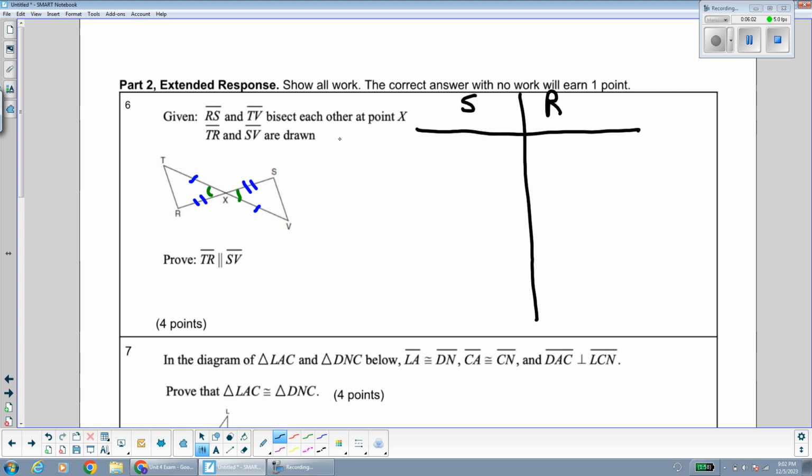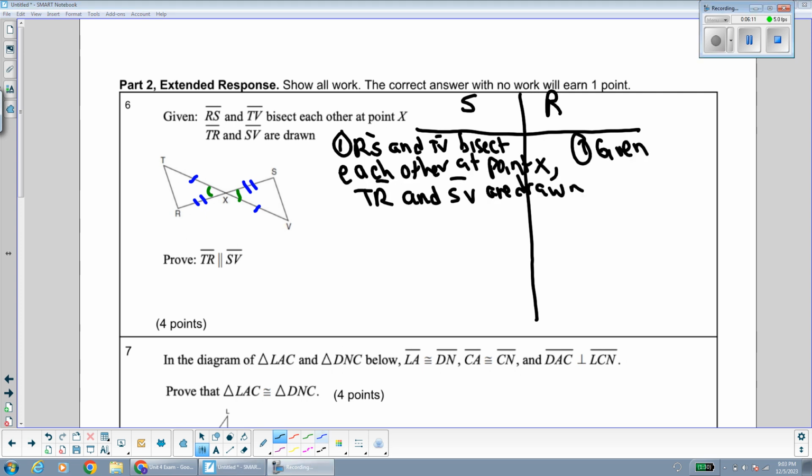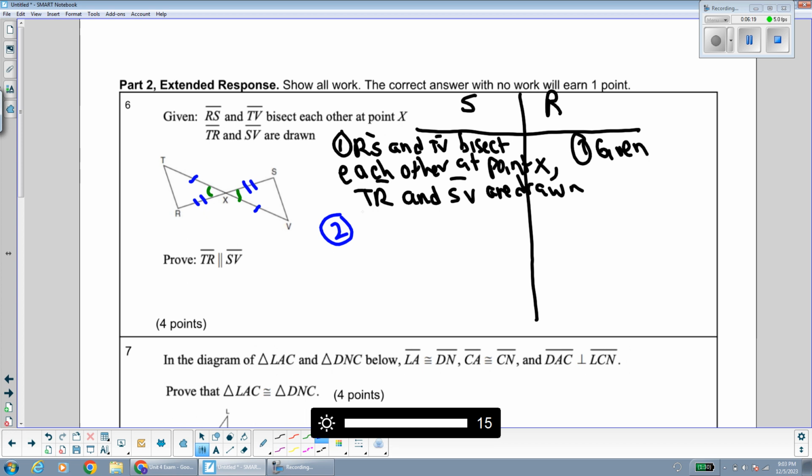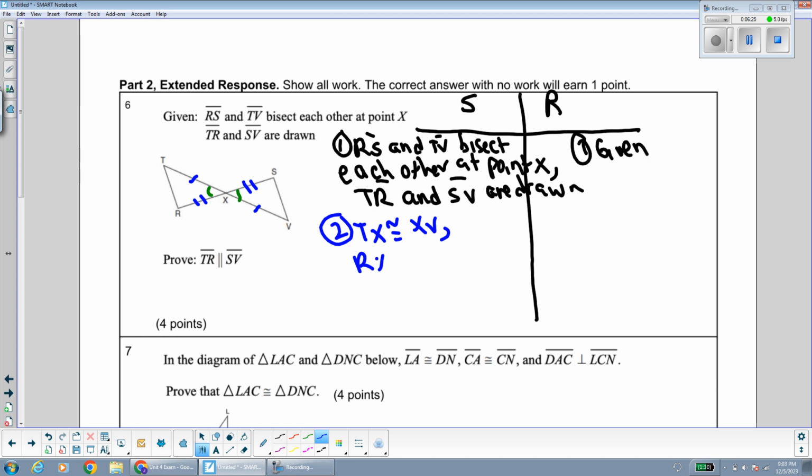Let me quickly write my given information. And after my given information, I need to make sure to put anything that I mark in the diagram into the proof. So that includes the fact that TX is congruent to XV and that RX is congruent to XS.